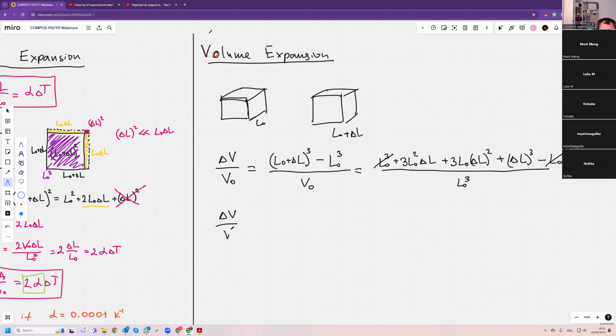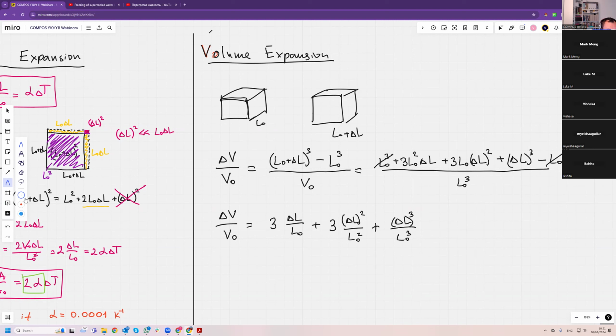So delta V over V0 is 3 delta L divided by L0, plus 3 delta L squared divided by L0 squared, plus delta L cubed over L0 cubed.